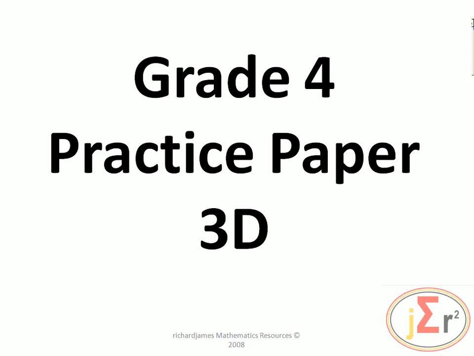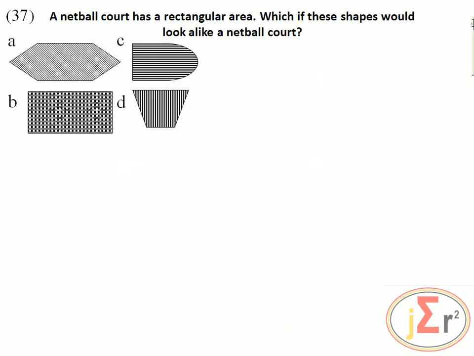This one will take us from problem number 37 to number 49. And do not forget that 47, 48, and 49 are not multiple choice. So let us go with problem number 37, Jerry.